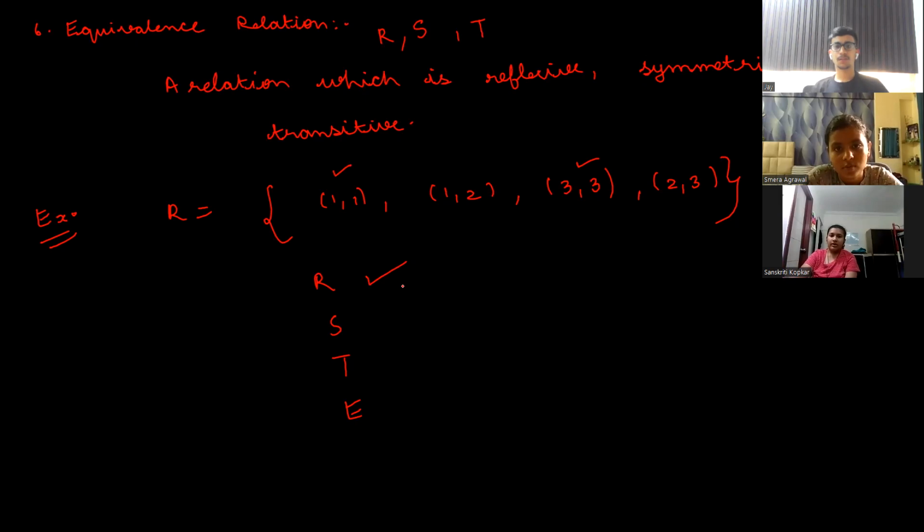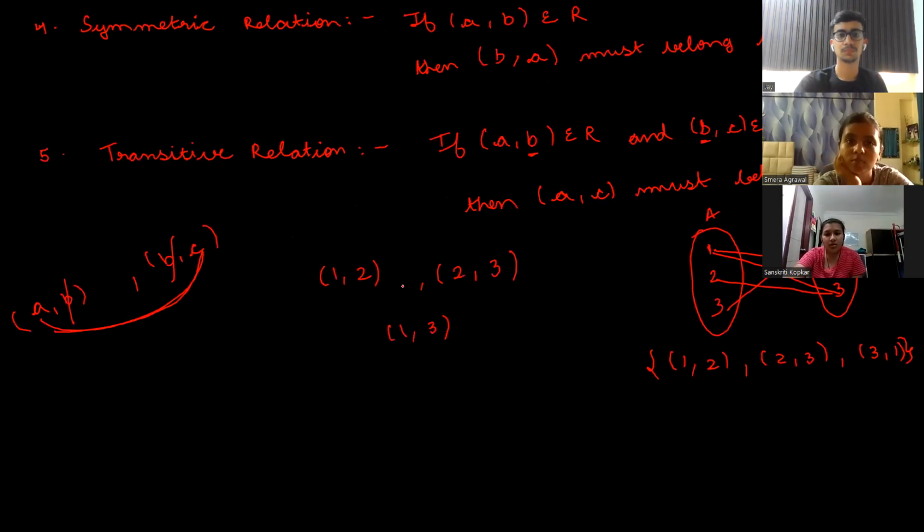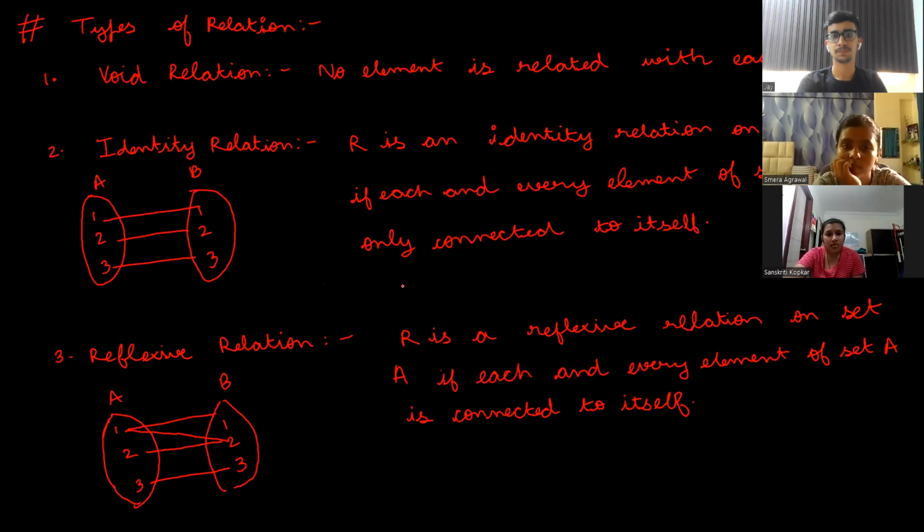What about symmetric? Sir, in class our teacher said that all the elements should follow. No. If each and every element of set A is connected to itself. So 1 second, what example I've given to you? 2 comma 3 is also there.